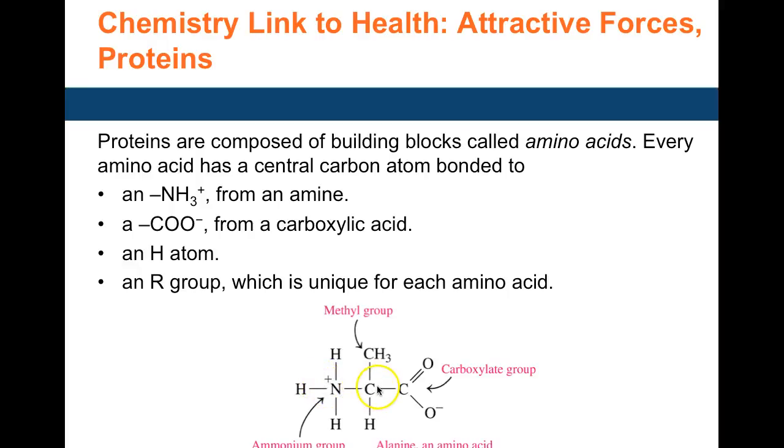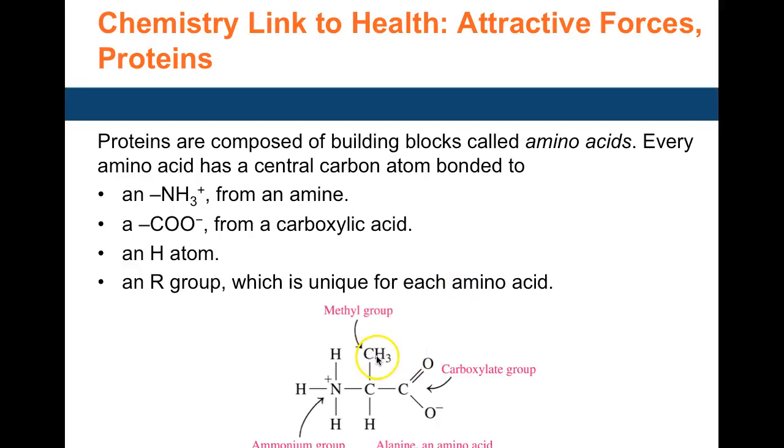Amino acids contain these kinds of atoms or groups, like the amino group, which is derived from ammonia. There is a central carbon atom called the alpha carbon, to which is attached the C double bond O and an O group, called the carboxylate group, and then the alpha hydrogen. And then it has an R group. This is unique for each of the 20 amino acids because they vary.